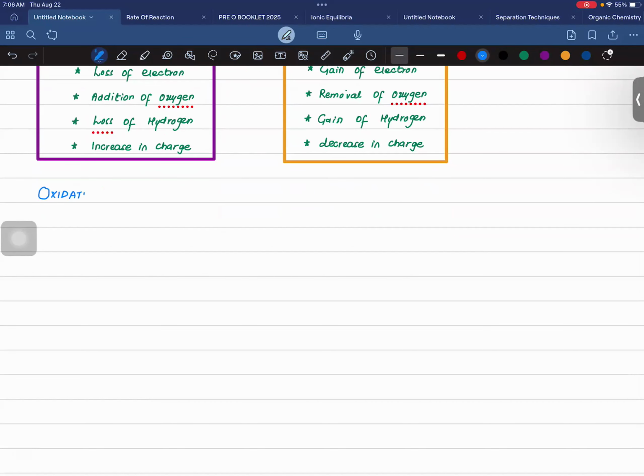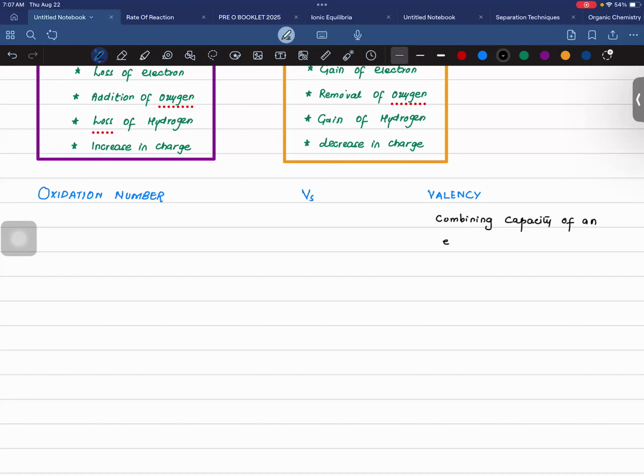Oxidation number versus valency, right? Valency is the combining capacity of an element.